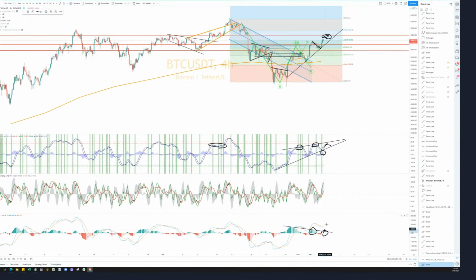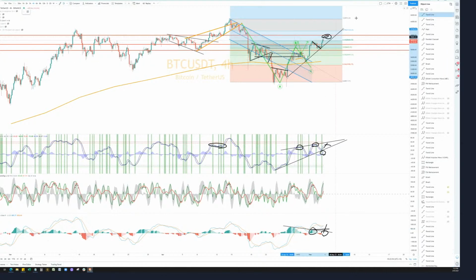If this was to go higher than this one, then this is not going to be an ascending wedge, but most likely a channel. So we can have a channel, or we can have an ascending wedge. So far, I'm leaning towards ascending wedge, not a channel.